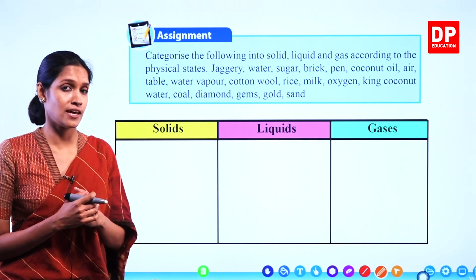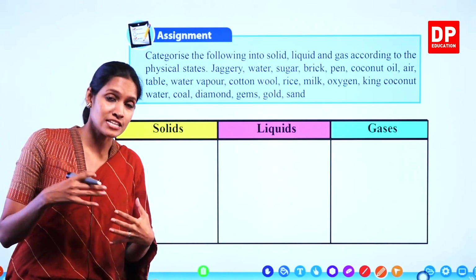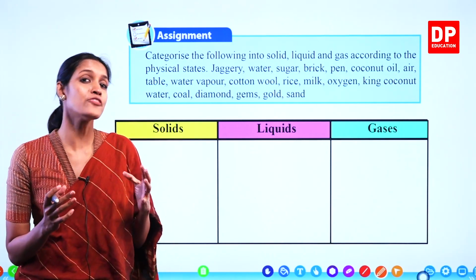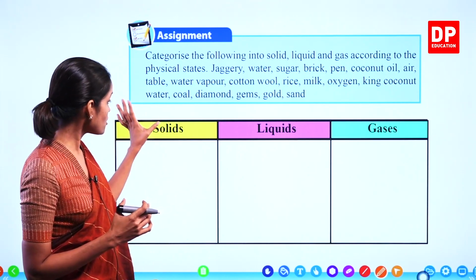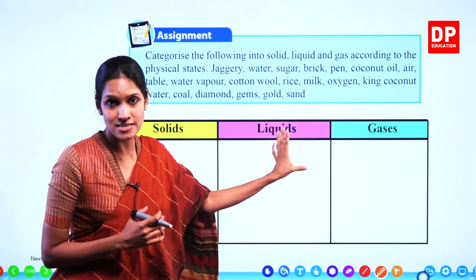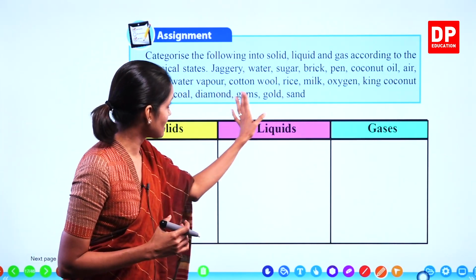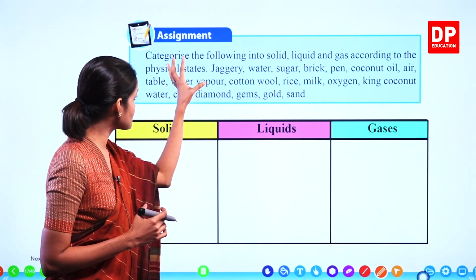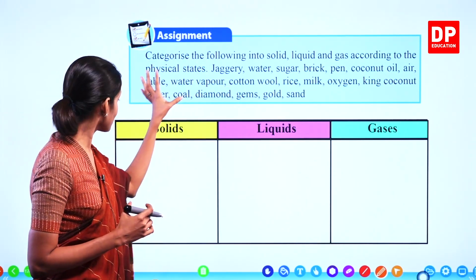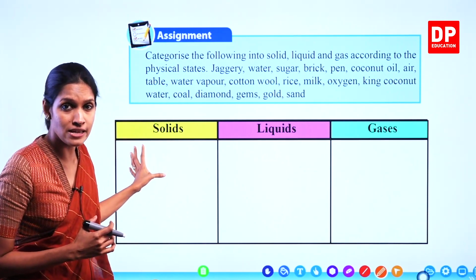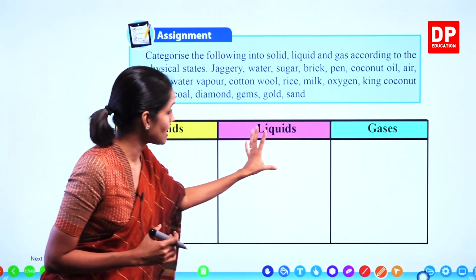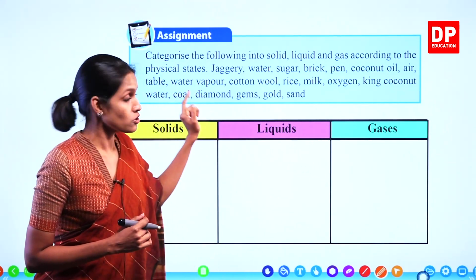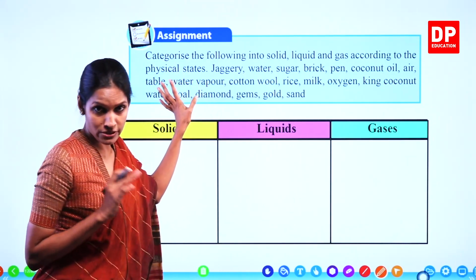So we learned that there are three states of matter. Those three states are solids, liquids and gases. Here we have a list. We have to put these things in the list according to the physical nature. We have to categorize them as solids, liquids and gases. Now you all can start to do along with me.